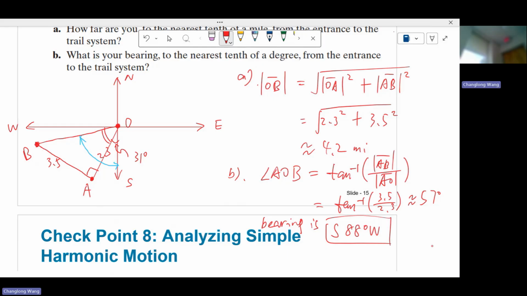The bearing is just a fancy way to say you're always facing south or north. Whichever direction you start with is the reference angle. It always starts from south or north. In this case, it's going to be the south.